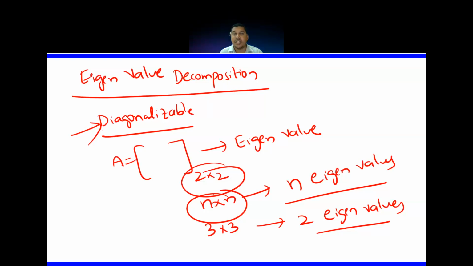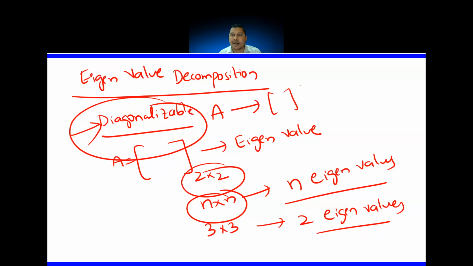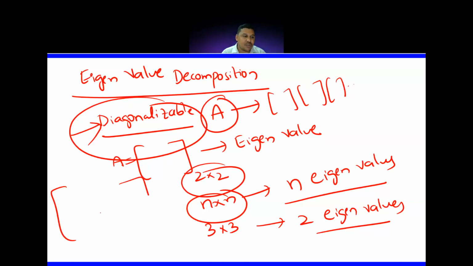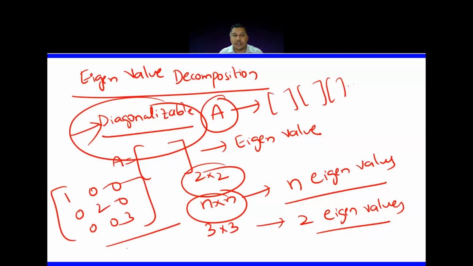Diagonalizable means trying to convert that matrix. What does it mean? You have a matrix A. If you can express this matrix A into 2 or 3 submatrices, I should be able to represent the properties of this matrix A in diagonal elements. It means I can have some matrix like this where I have 1 0 0, 0 2 0, 0 0 3 this way.